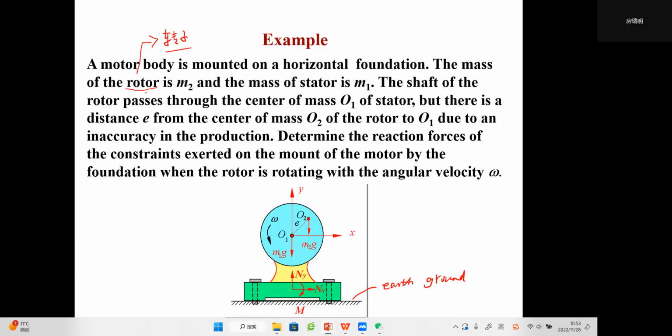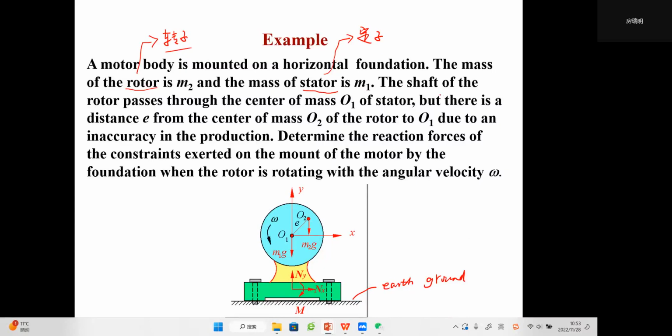It means it can rotate with some speed around some axis, right? It will have motion. So the mass of the rotor is m2, right? And the mass of the stator, you know, so I think stator means 定子, means the body will never change, but it has a mass m1.